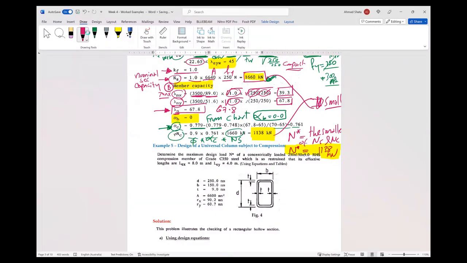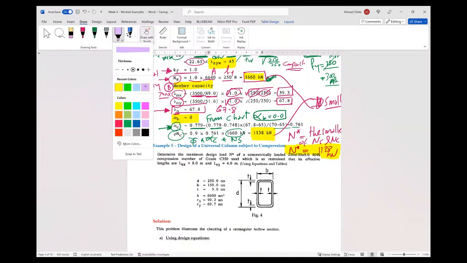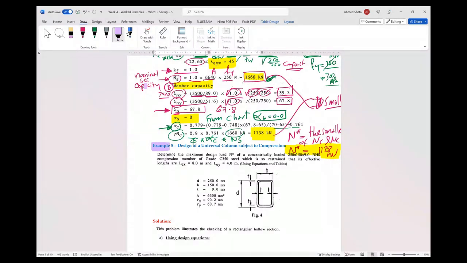So the other one is the design. The design is like another procedure different from checking. Sorry, this is also checking.